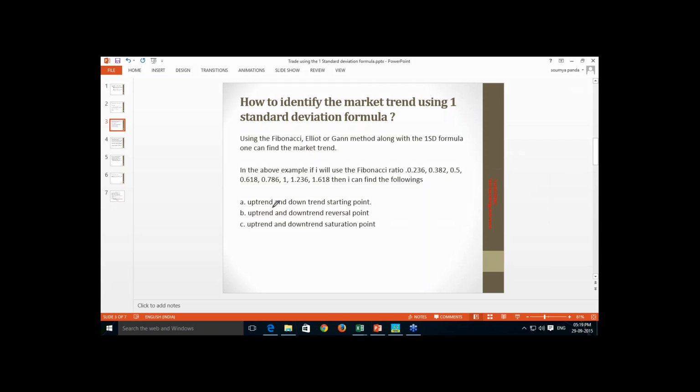You need to find out uptrend and downtrend starting point, which is 0.236 retracement level. Then you have to find out the uptrend and downtrend reversal point, which is nothing but your 0.618 to 0.786 retracement level, which is also called death zone in Fibonacci principle. Means from here most of the trends will change.